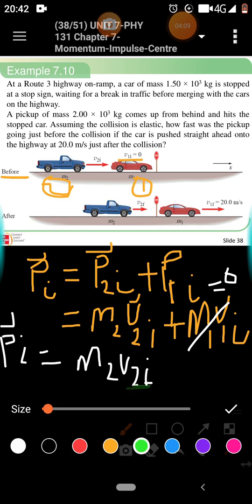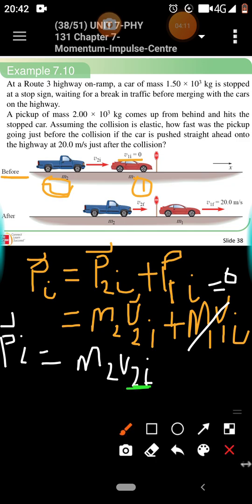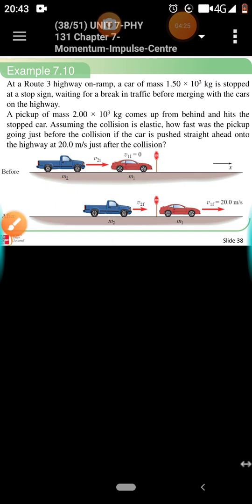This is actually what we are required to find, but we need the final velocity now. So the initial momentum is m2 v2I. Let's go and calculate the final.